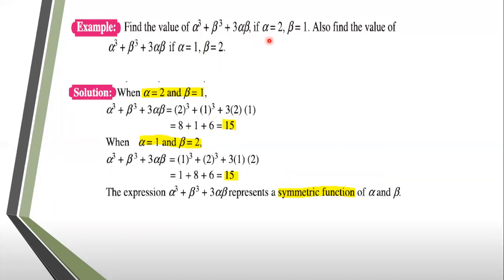Now replace alpha is equal to 1 and beta is equal to 2: 1 cube plus 2 cube plus 3 into 1 into 2, we will get 15. In both cases, we can see that our answer is 15. Means that alpha cube plus beta cube plus 3 alpha beta represents a symmetric function of alpha and beta.